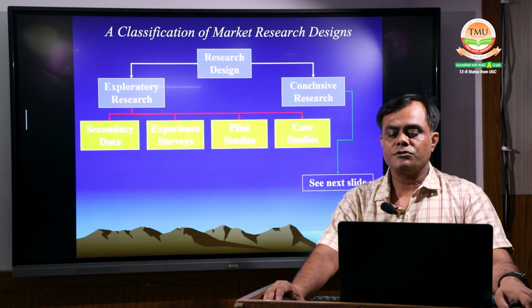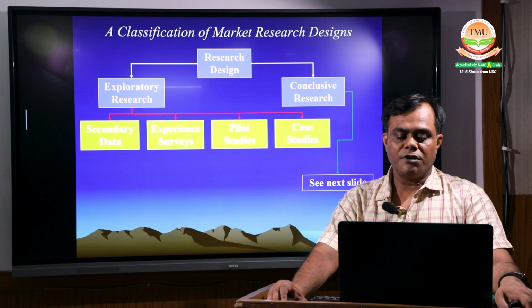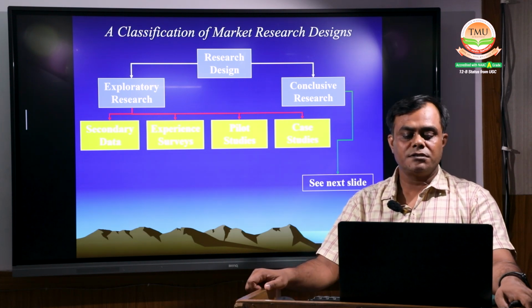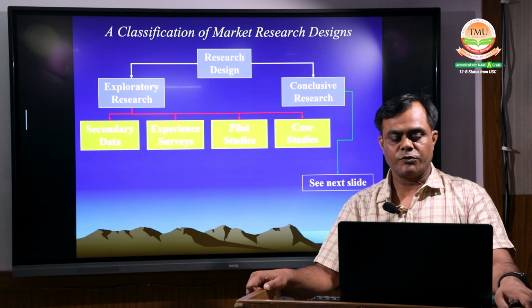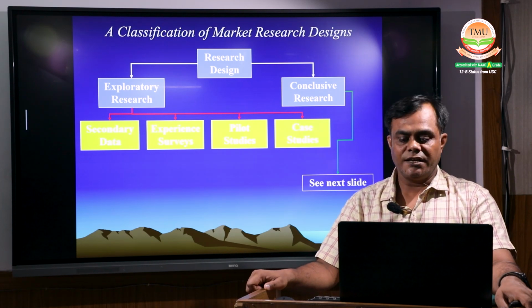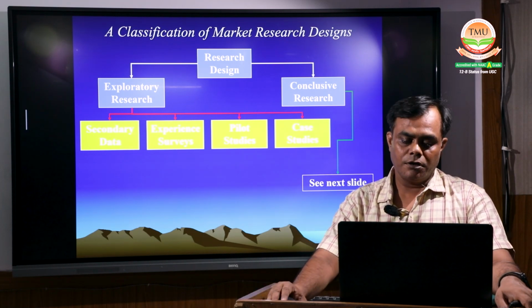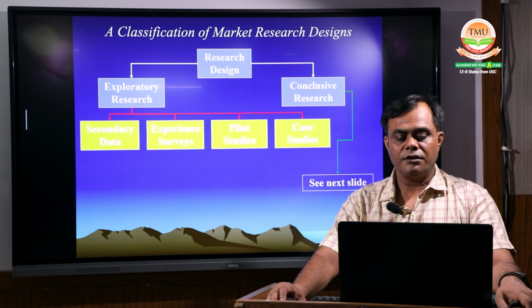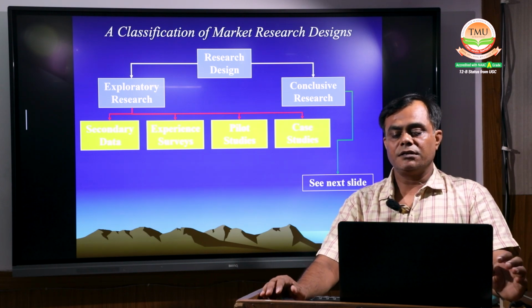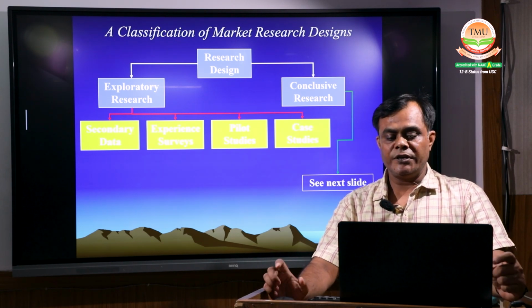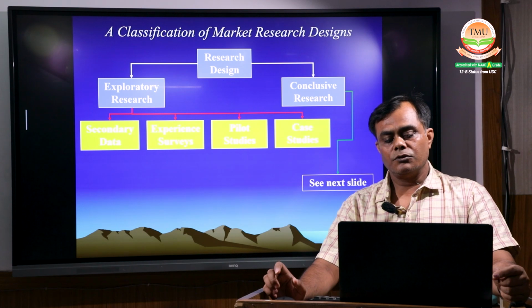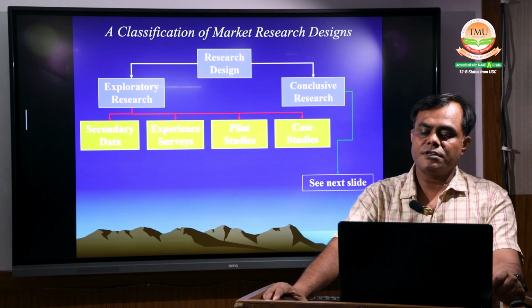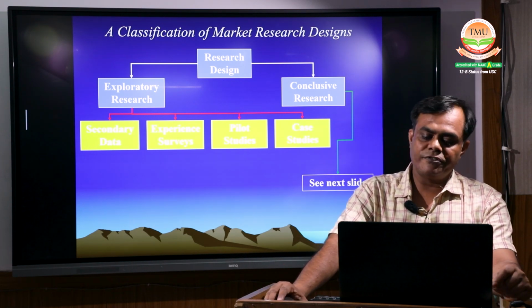On the basis of these commonalities, one can categorize research studies by the research methods and procedures used to collect and analyze the data. Accordingly, a research design is chosen, or we can say that research design is split into two parts: exploratory research and conclusive research.